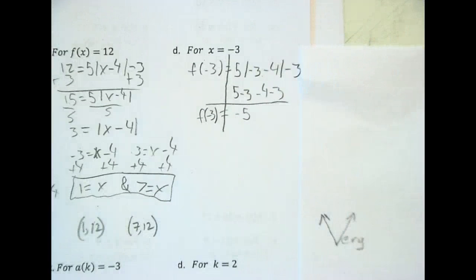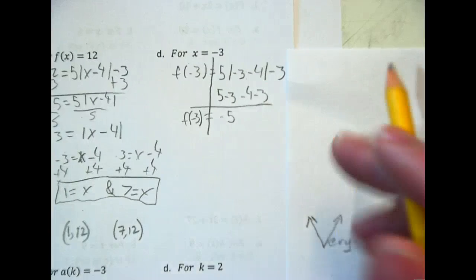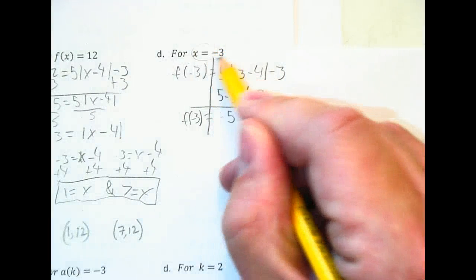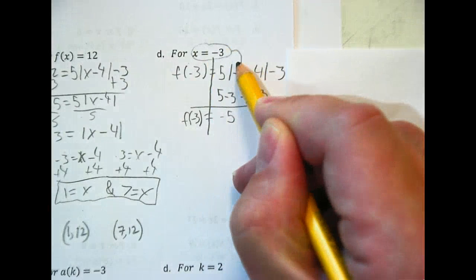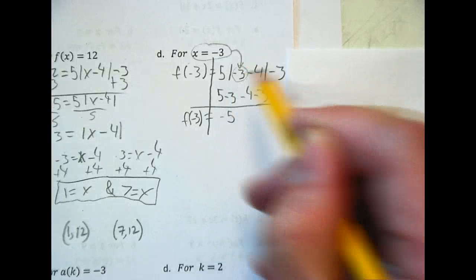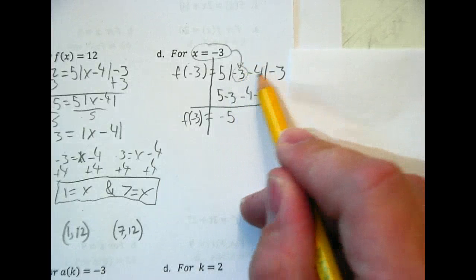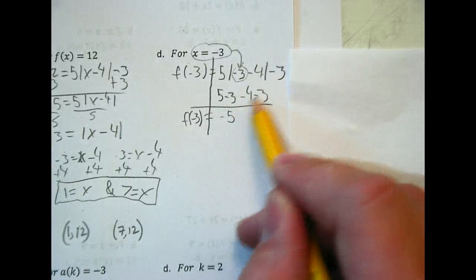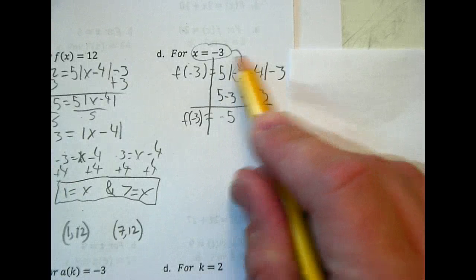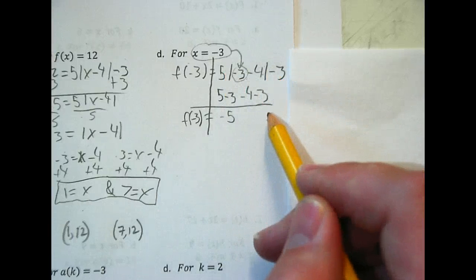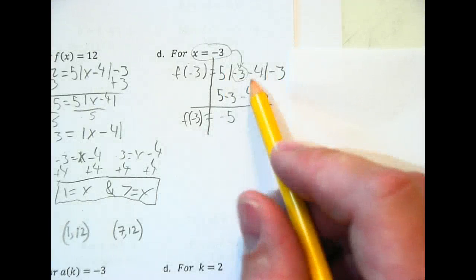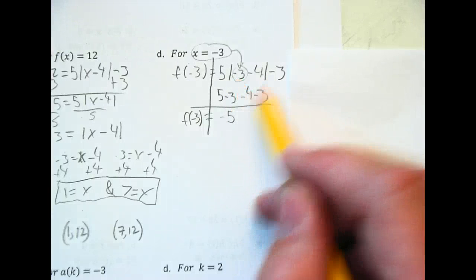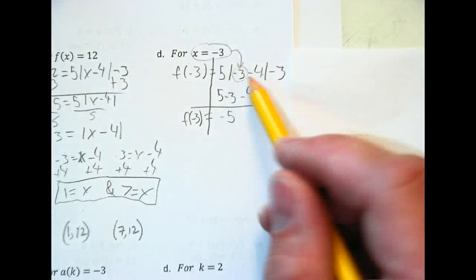The next one Ryland's got here, he's plugged in negative 3 this time for the x. So he dumped it in right there. He did negative 3 minus 4. I'm not sure what happened here. Did you distribute? So did you just drop the absolute value symbols? Yeah. Okay. So we don't want to do that.